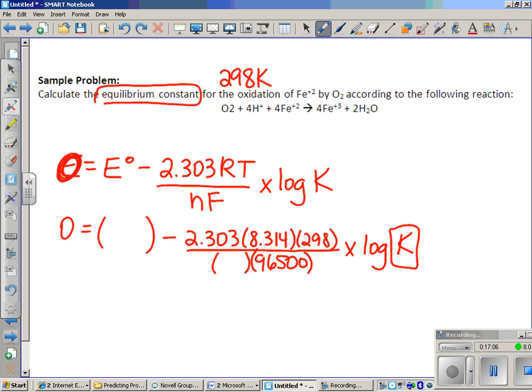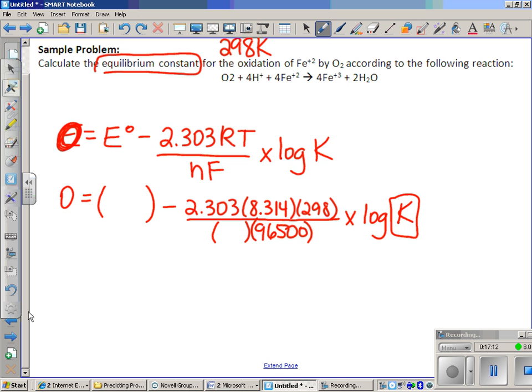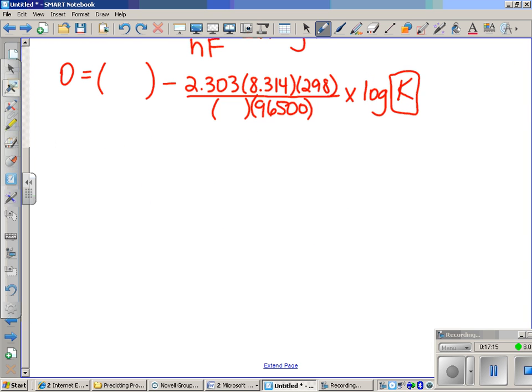So I need the standard cell potential, and I need n, which means I need to dissect my balanced equation back into its half reactions to figure out what it's going to be. So if we look at our balanced equation, I always like to start with the non-oxygen, non-hydrogen ones. So I have 4Fe2+ becoming 4Fe3+. Okay, so balanced charge-wise, I have a plus 8 over here, and over here I have a plus 12, which means I need 4 electrons on that side.